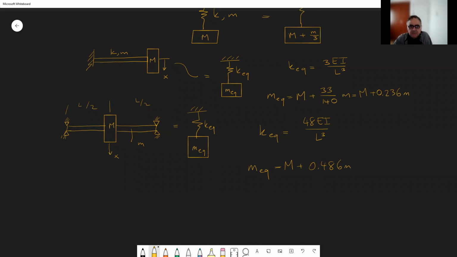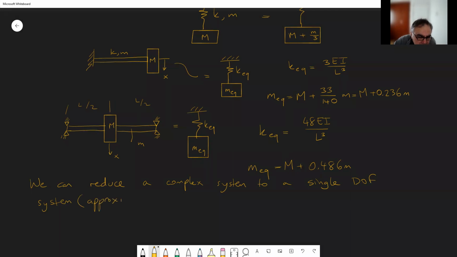So in general, we can reduce a complex system to a single degree of freedom. Of course, this is not correct.